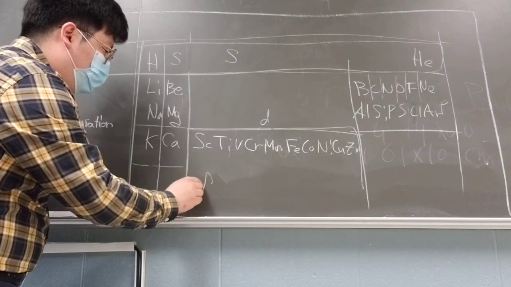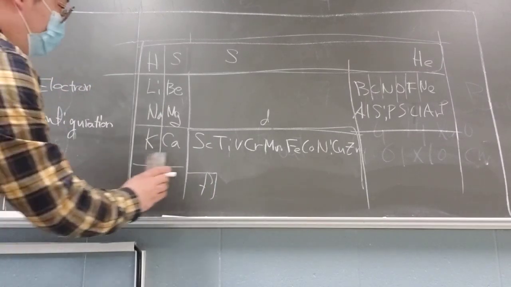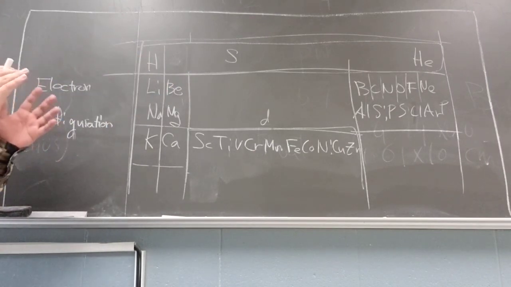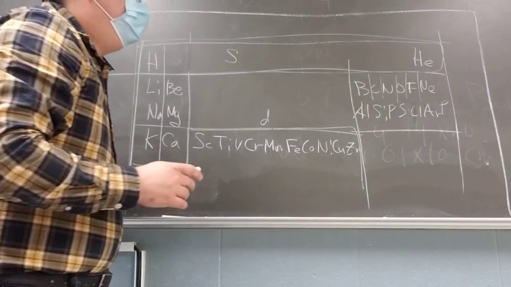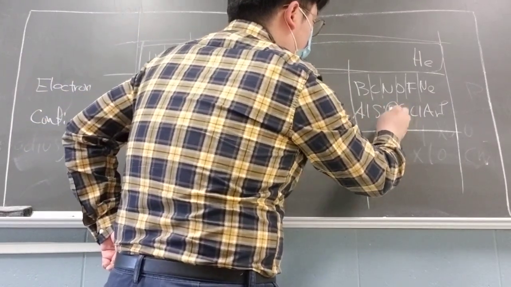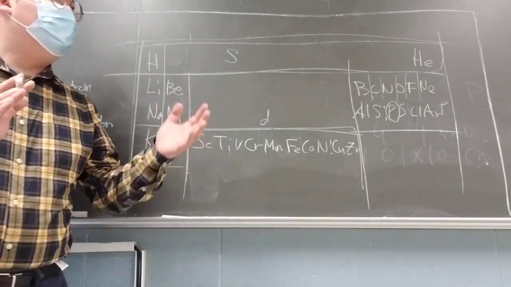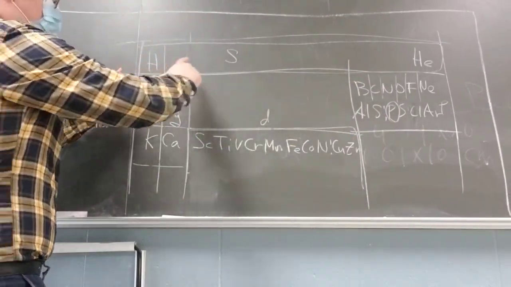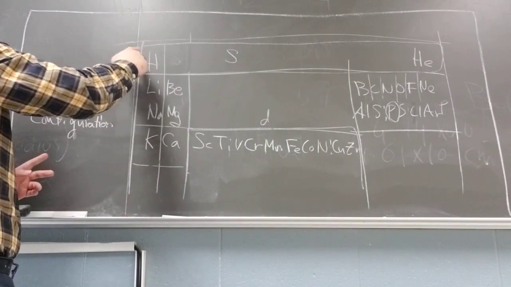We have an F block down here, which I'm not going to cover, so you don't have to worry about it. I just want you to know how to write the electron configuration form for different elements, for example phosphorus. You read the periodic table, which will be given on the exam, from left to right, top to bottom, starting from hydrogen in the top left corner.